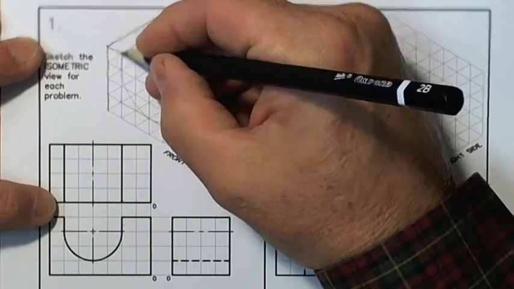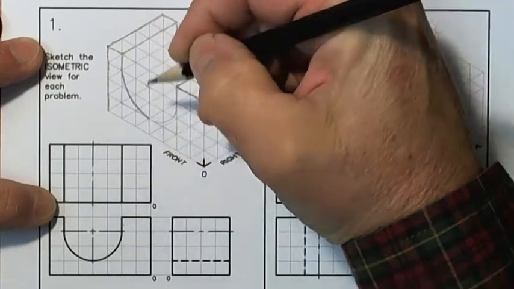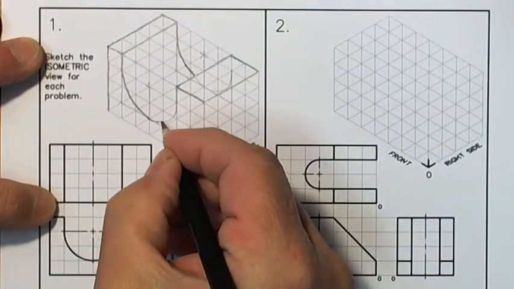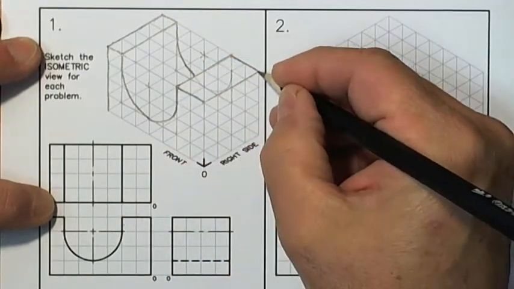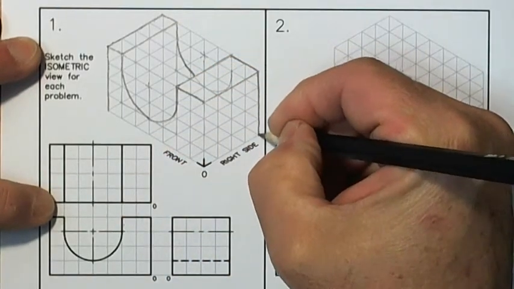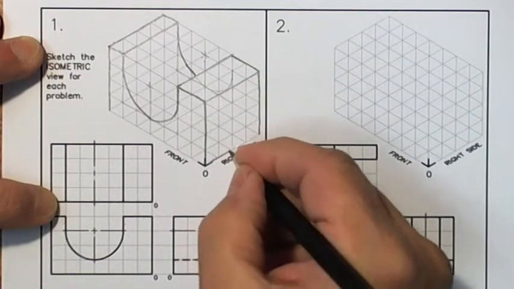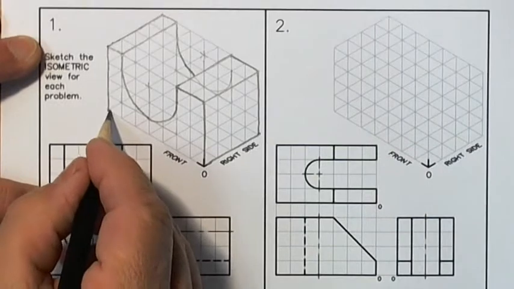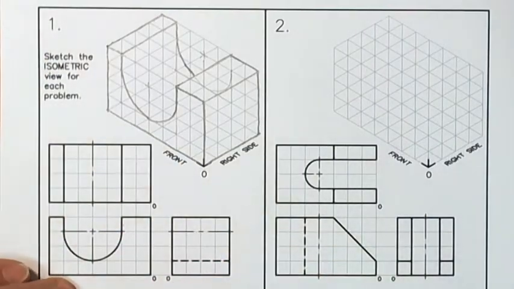There's my curve. Straight. There's my curve. Curve comes around. Straight to the top. And with the visible lines included, that's what problem 1 looks like.